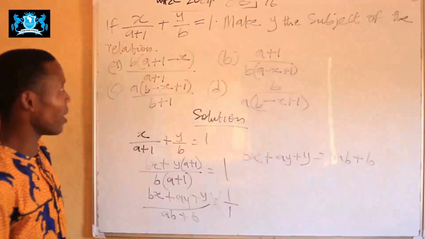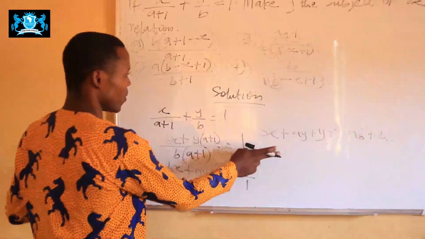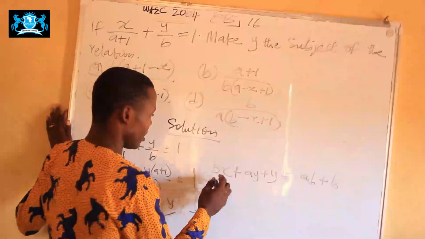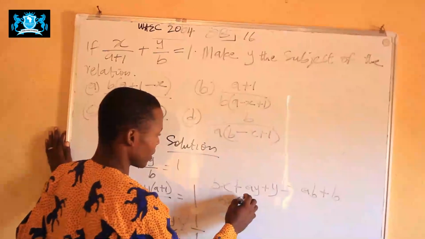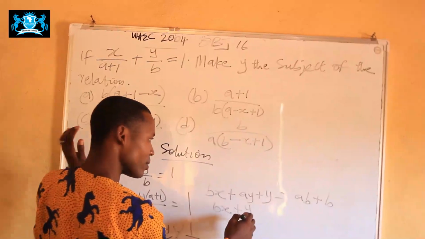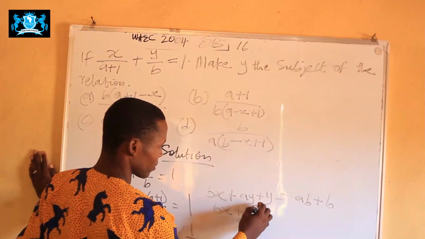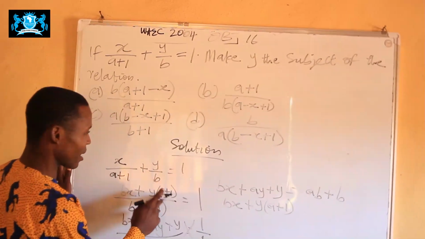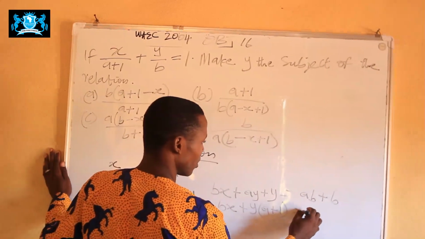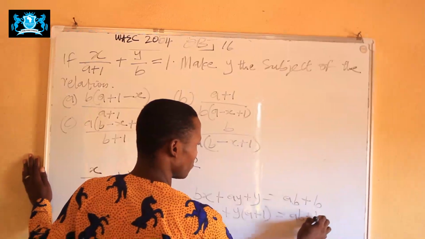Y the subject of the formula. If that is the case, it means we will still need to factorize this. So we have bx plus y times a plus 1, just like we had here, equals to ab plus b.